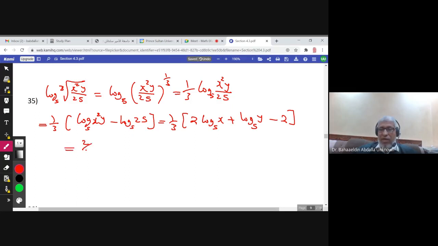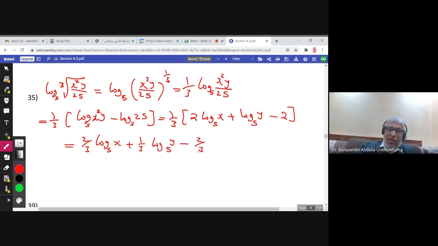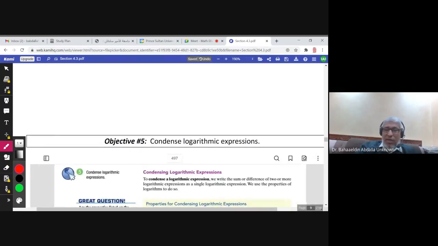And finally, you distribute, you multiply 1 over 3 by all the terms. So you get 2 over 3 log x to the base 5 plus 1 over 3 log y to the base 5 minus 2 over 3. This would be the final answer.